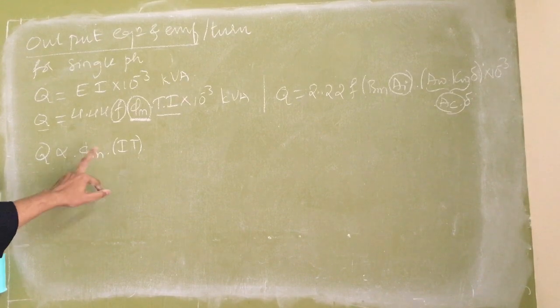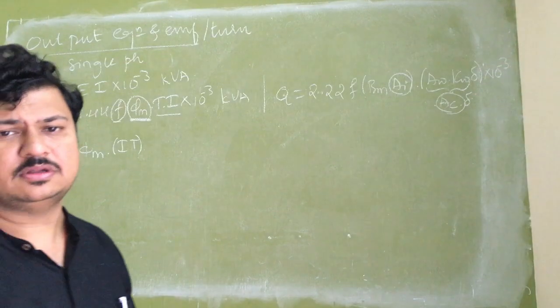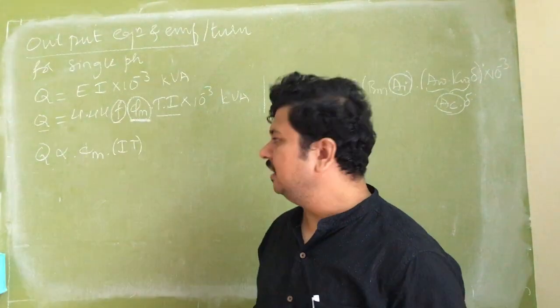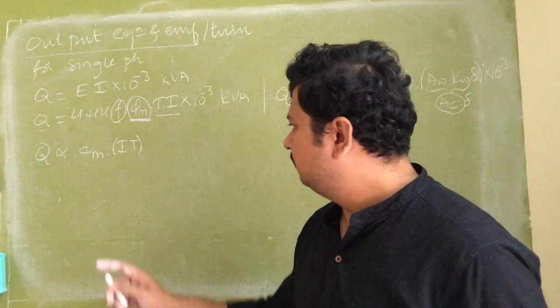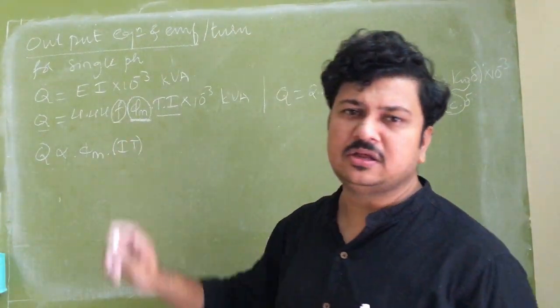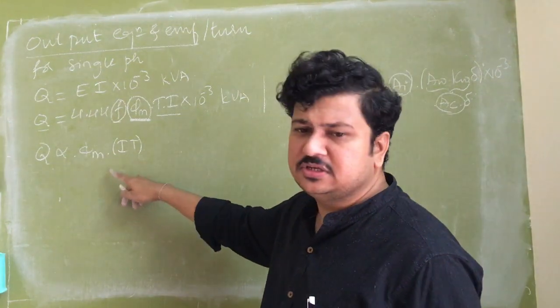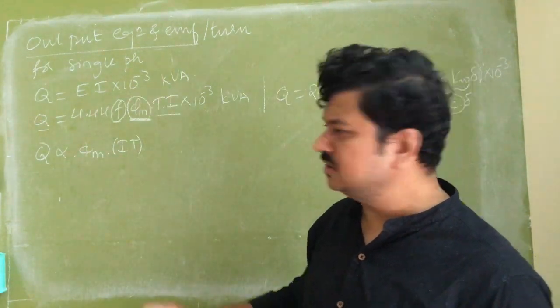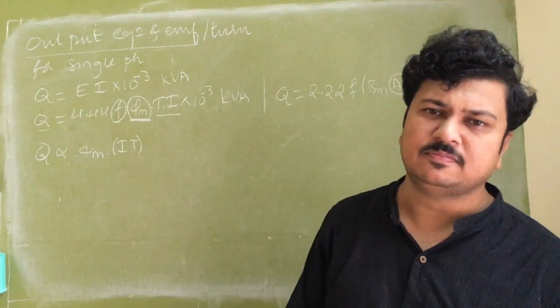When the product remains constant, the two will always vary inversely. If phi m increases, IT decreases. If phi m decreases, IT increases, because the product of phi m and IT should give a constant value.